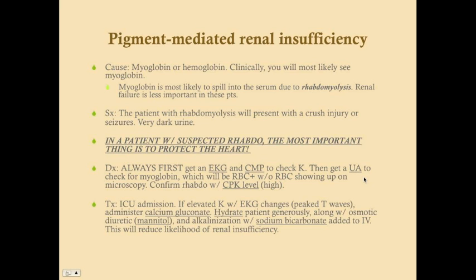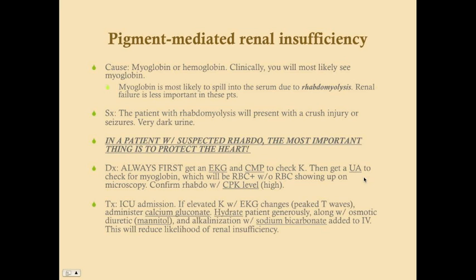We got myoglobin, and myoglobin is toxic to the kidney, and we have potassium. Remember that almost all of our potassium is intracellular. So when cells break down, our potassium level in our blood is going to go up, and it can go up significantly.